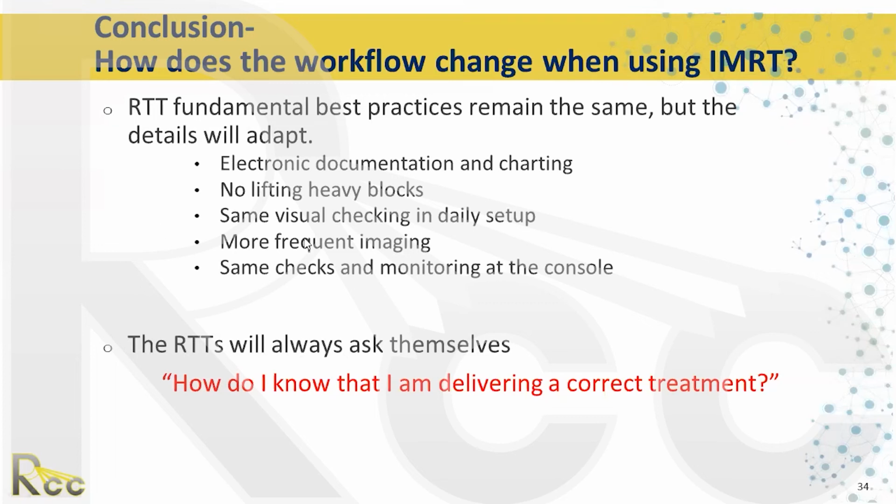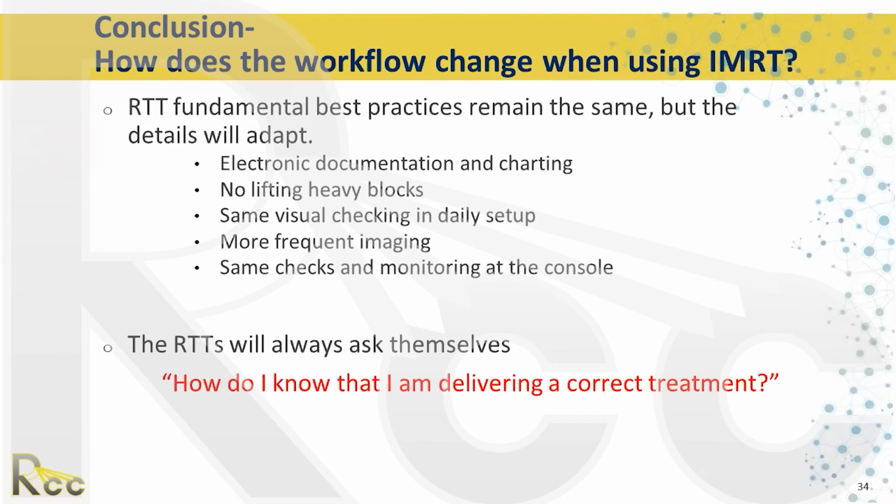I would do an MV orthogonal pair, like an AP with a lateral, because you need to get both angles to make sure that you're on in all aspects. At the console, pretty much everything is the same. You're still making sure you have the correct patient, the correct parameters, the correct fraction. If there's any bolus, you're making sure that's on.